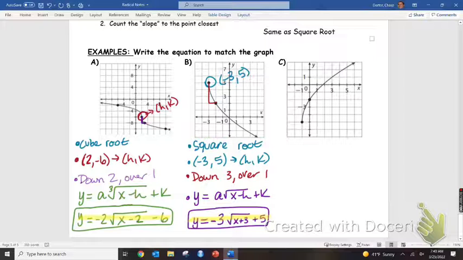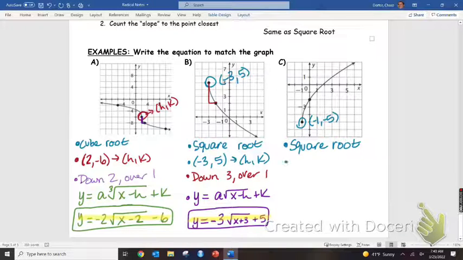Okay, hopefully this is making some sense. The last one I see is also square root because it has a defined starting point right here. So this is a square root graph. And that point looks to be negative 1, negative 5.